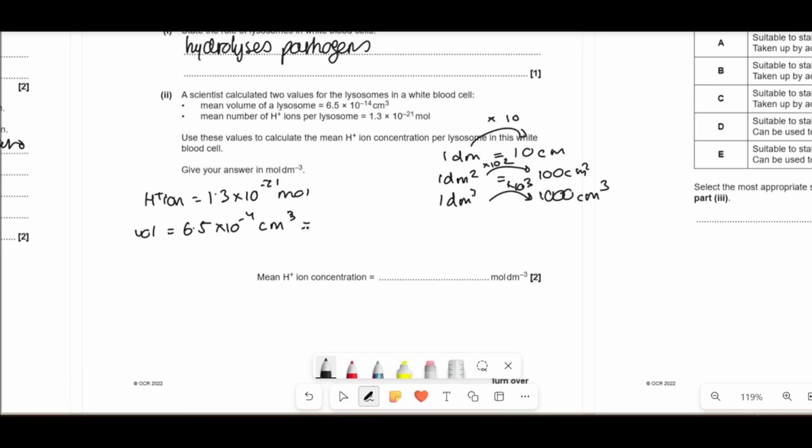So then this would be 6.5 times 10 to the minus 17, because of dividing it by 1,000 for decimeters cubed. To work out the concentration in moles per decimeter cubed, it's 1.3 times 10 to the minus 21 over 6.5 times 10 to the minus 17, sorry, I said 7 by mistake. That gives you 2 times 10 to the minus 5.